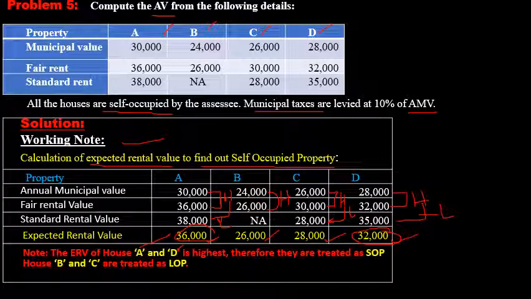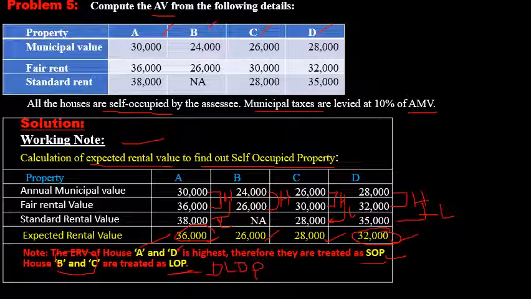So therefore property A and D are considered as self-occupied properties and property B and C are considered as let out property, or deemed let out property. They are treated as deemed let out property, meaning their assessment is the same as a let out property.